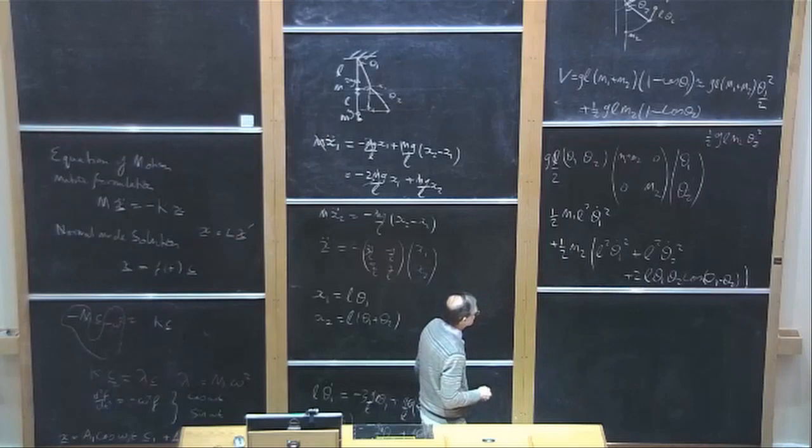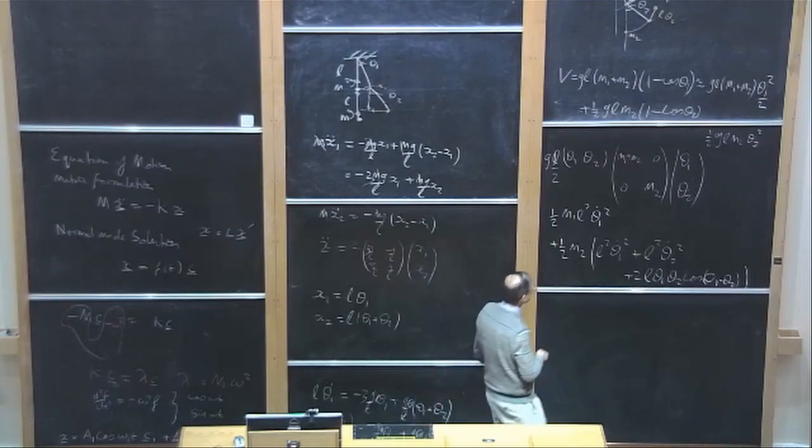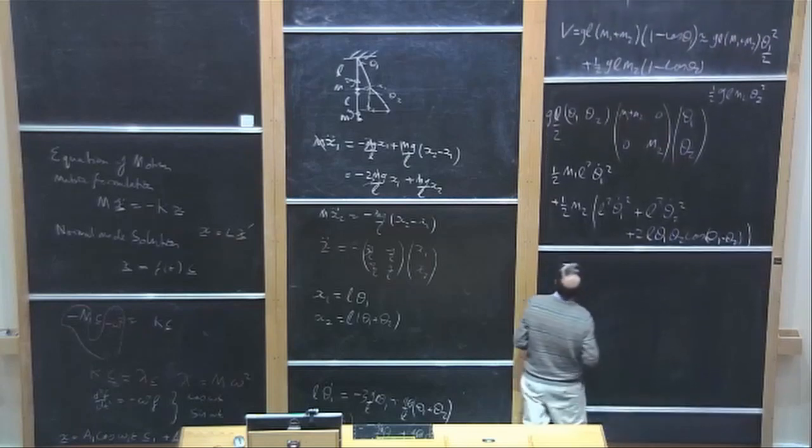Now, because of that cosine, you can't write that as a quadratic form. So you have to make the small angles approximation before you can do that.